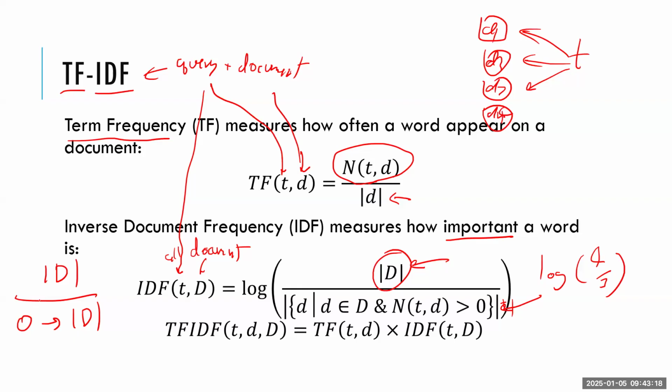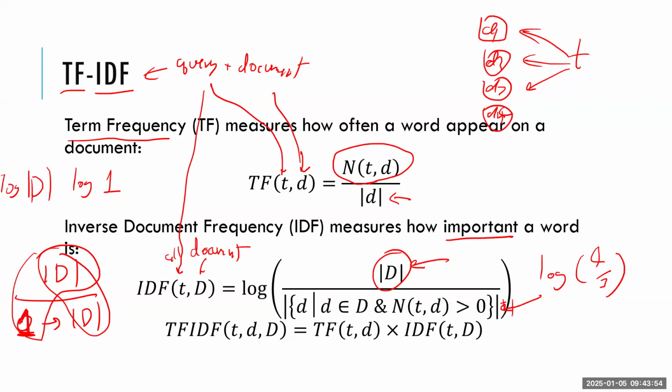But let's say the bottom is 1. This fraction, you get D. And for the other case, you get 1. And which one is bigger? What is log 1? Log 1 is 0. And then log D is going to be a number greater than 0.